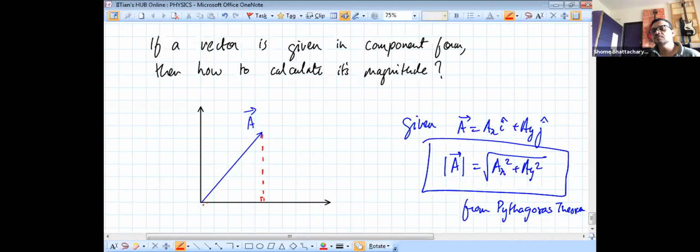And this value is nothing but ax. This value here is ax. And this value here is ay.